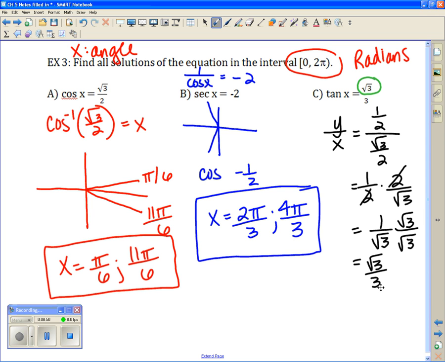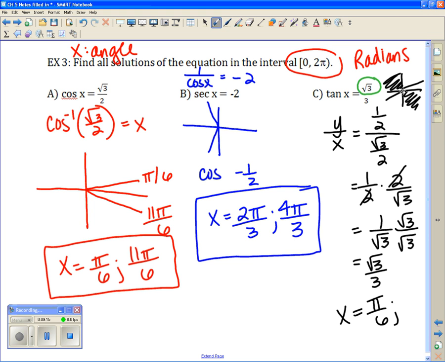We've been working on these for quite some time. So now on the unit circle, tangent has to be positive. So I'm in the first quadrant or the third quadrant. My y value is 1/2, or my y value could be negative 1/2. So the answers to this problem, x equals y value of 1/2, x value of square root of 3 over 2, that's pi over 6.